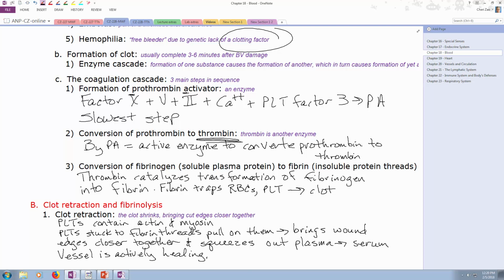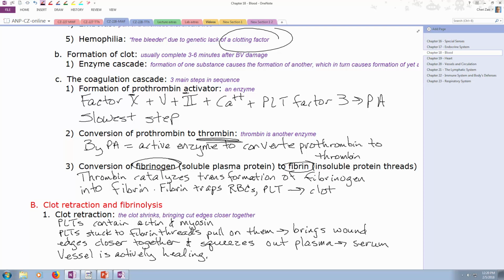And it's going to catalyze the transformation of fibrinogen, which is the inactive form of these plasma protein threads, into fibrin, which is now insoluble, which means now we actually have the suturing material that I was talking about earlier. So now we have the threads in the bloodstream.